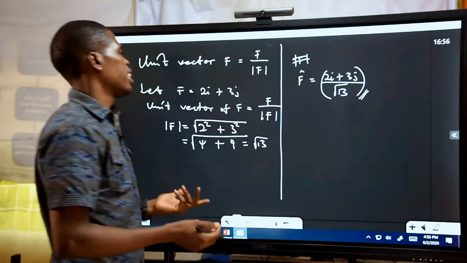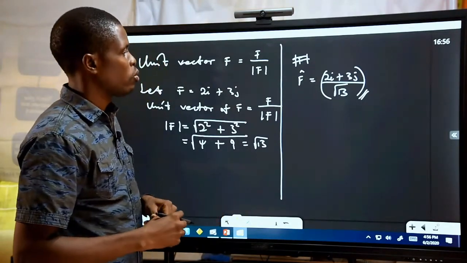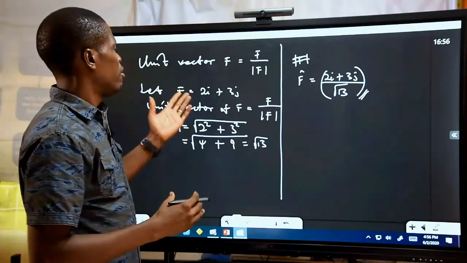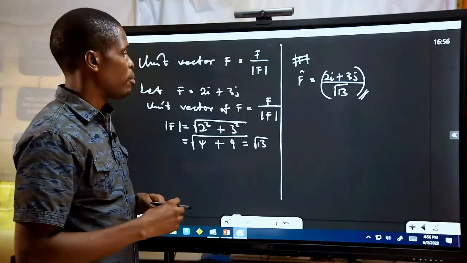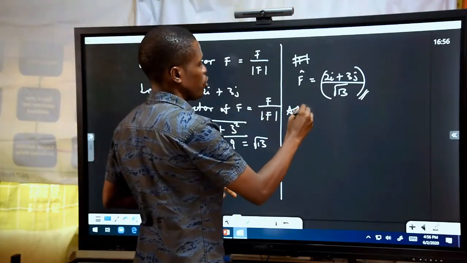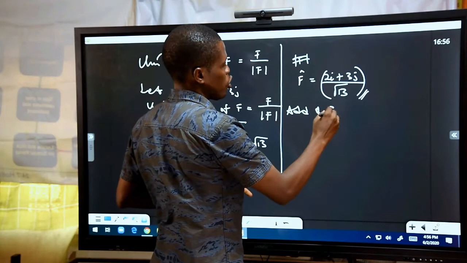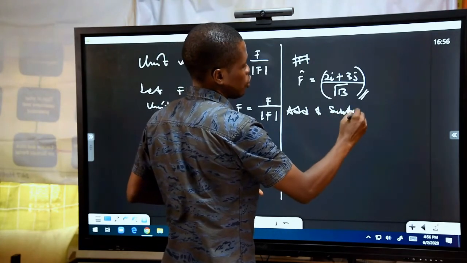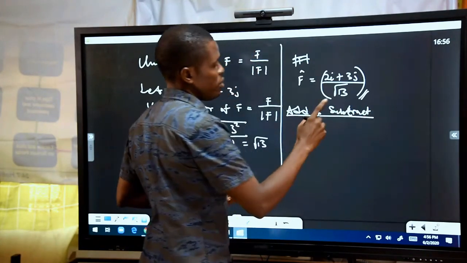So we can get other vectors when we talk about addition of vectors in terms of i and j properties. When we talk about addition, how do you add and subtract vectors of this nature?